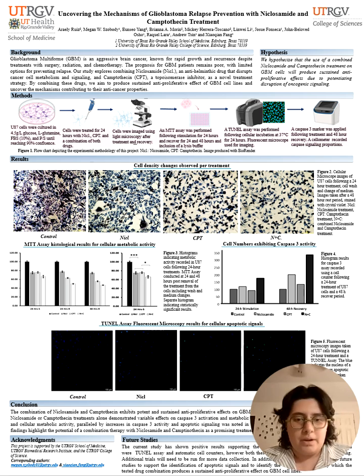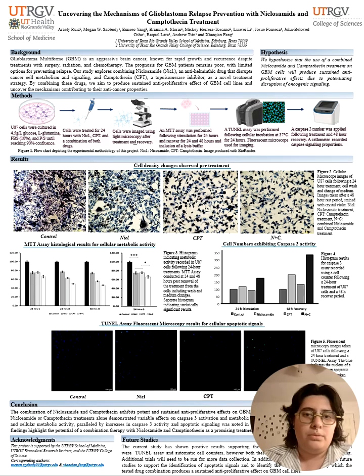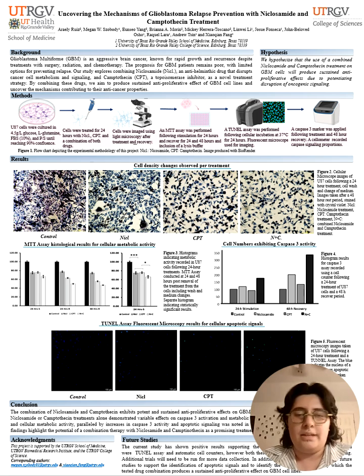And then at the very bottom, we have our TUNEL assay results. So we did have to use fluorescent microscopy to see these results. Once again, towards the left is control, followed by niclosamide, CPT, and the combination. In these images, the little blue dots indicate live cells, or rather the nucleus. And then green dots will indicate cell death, which is just the DNA fragments.